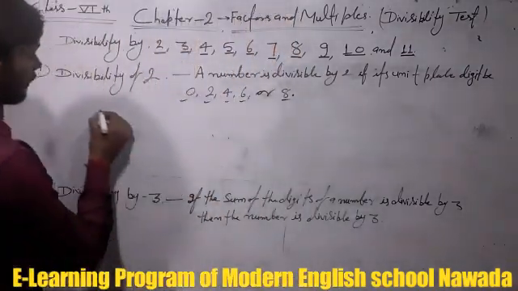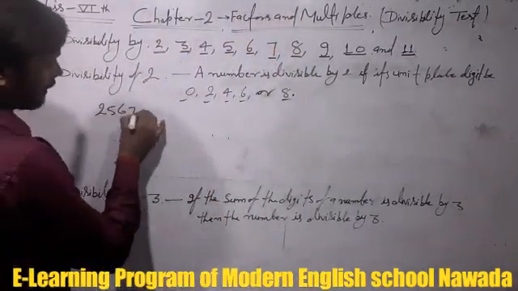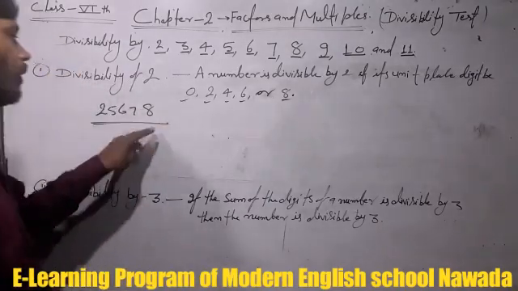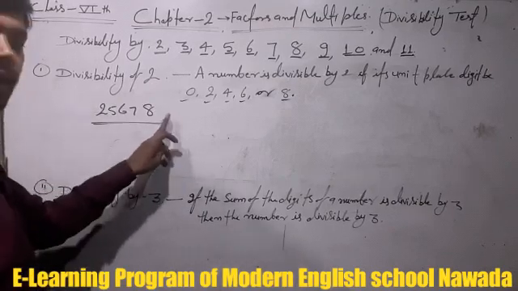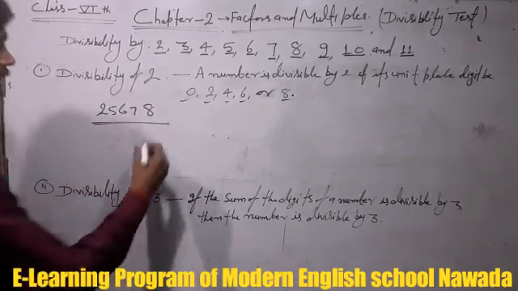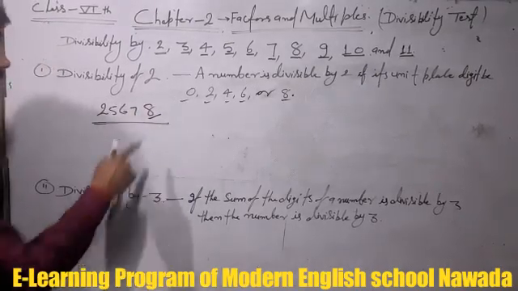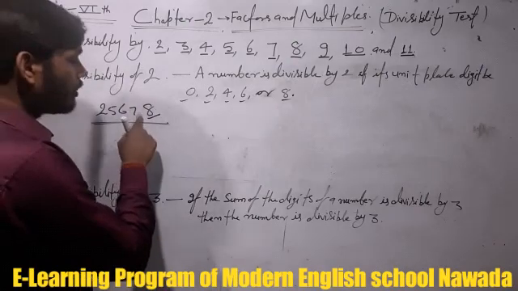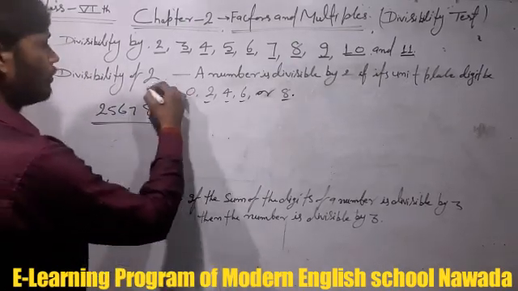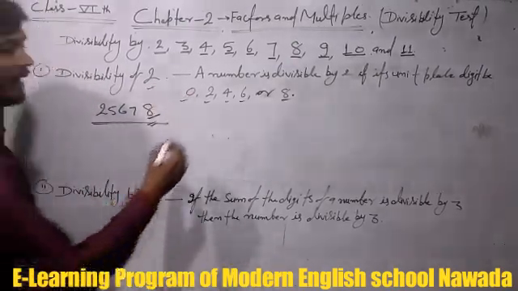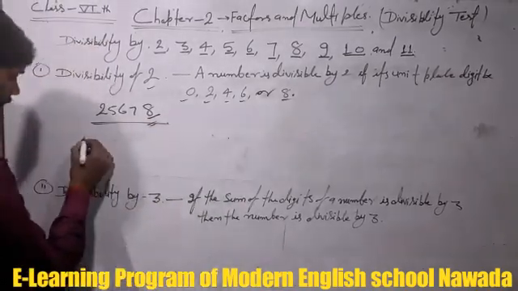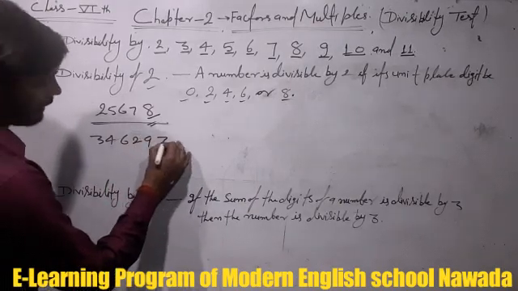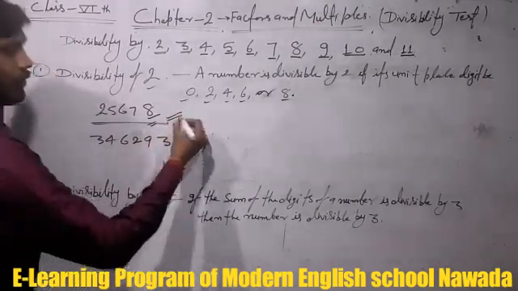Suppose you write 25678. You have to check whether it is divisible by 2. Yes, its unit digit is 8, so it is divisible by 2.